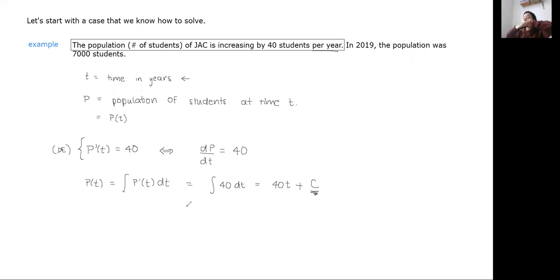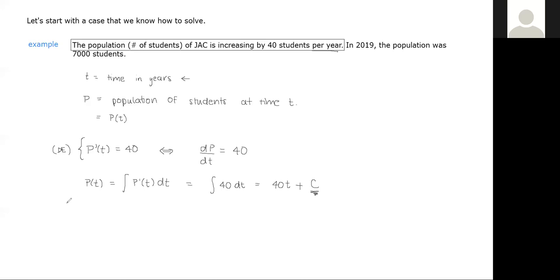But depending on where my function started, I'm going to have a different specific function that passes through that point. So I'm going to need something else. Does anybody remember what I said I would need in addition to the differential equation if I wanted to find my unique solution? The initial condition.